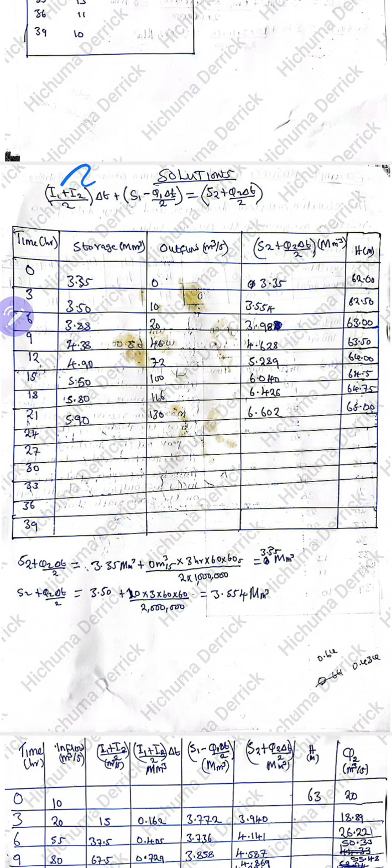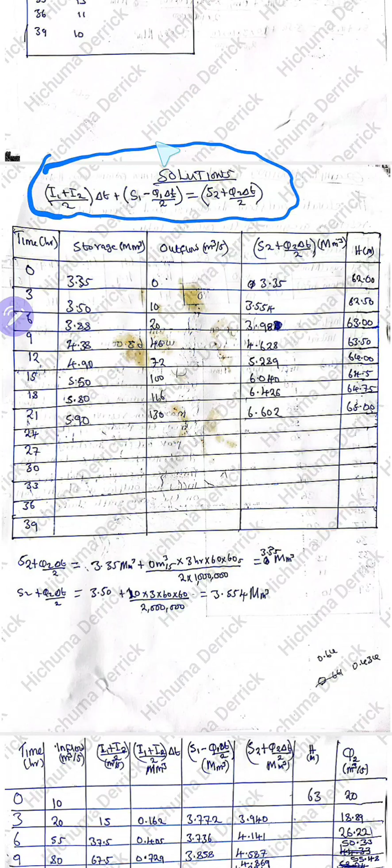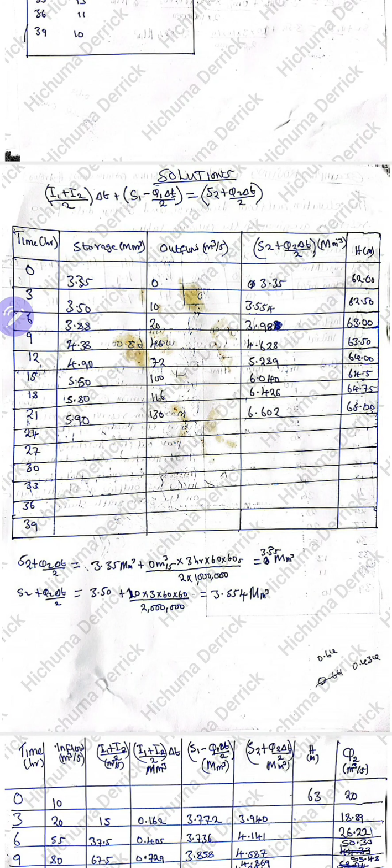This formula here is very important because it guides you on how you're going to draw your table. Routing seems to be complicated, but trust me, once you understand how to put the variables in your table, then you are done. It's very easy, simple and straightforward. Now we'll come back to the formula first.